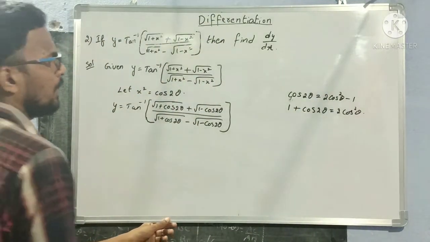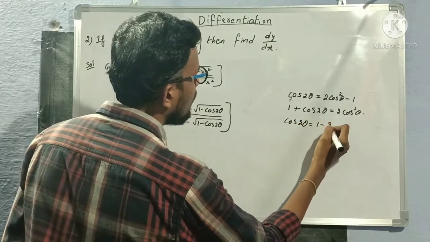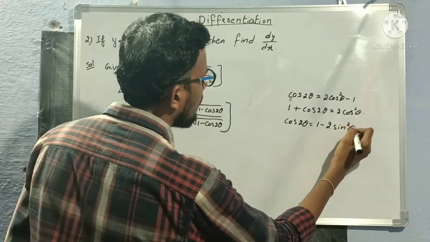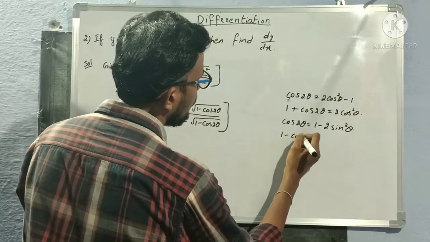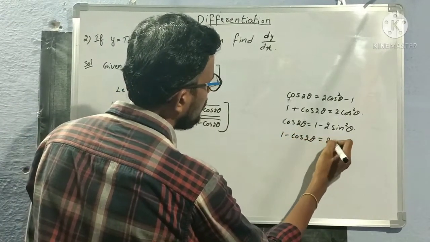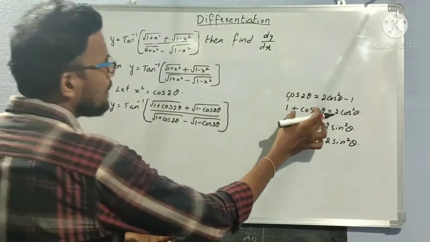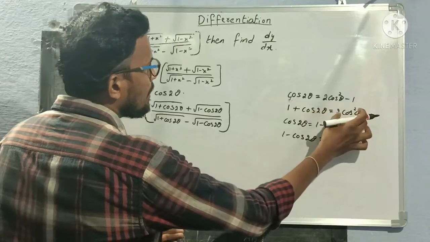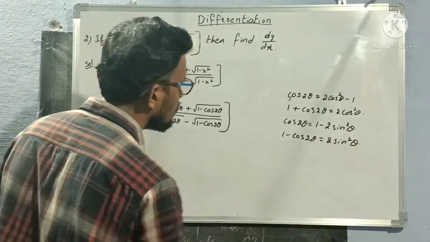In the same way, one more formula is there: cos 2 theta is equal to 1 minus 2 sin square theta. So 1 minus cos 2 theta is equal to 2 sin square theta. So in the place of 1 plus cos 2 theta, I will substitute 2 cos square theta, and in the place of 1 minus cos 2 theta, I will substitute 2 sin square theta.